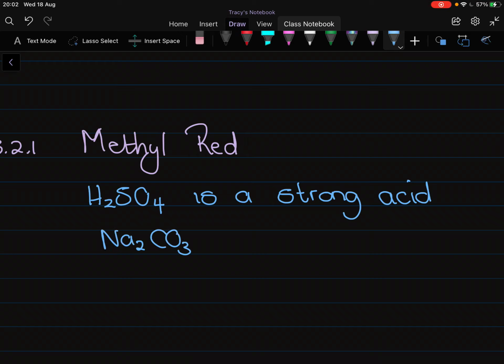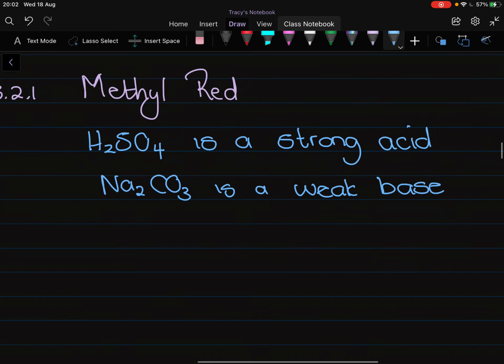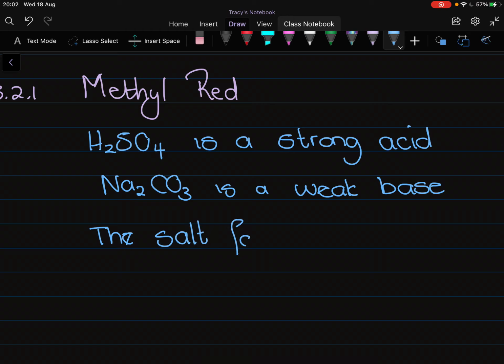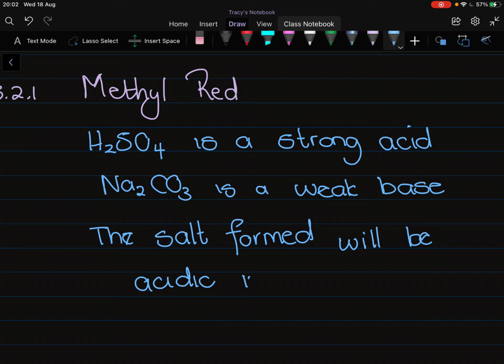Na2CO3 is a weak base. The salt formed will be acidic in nature.